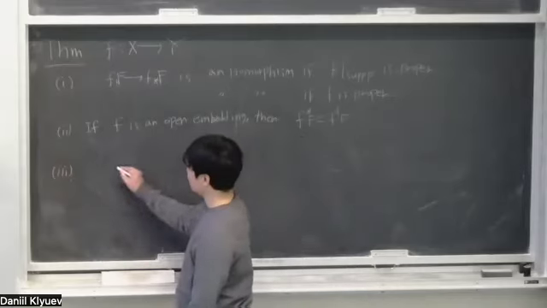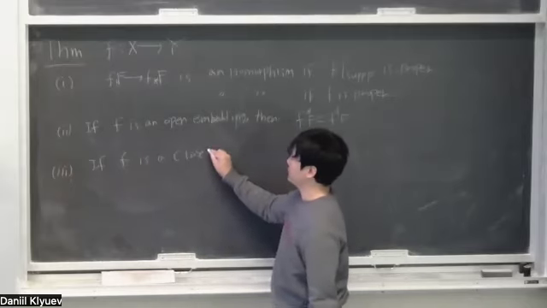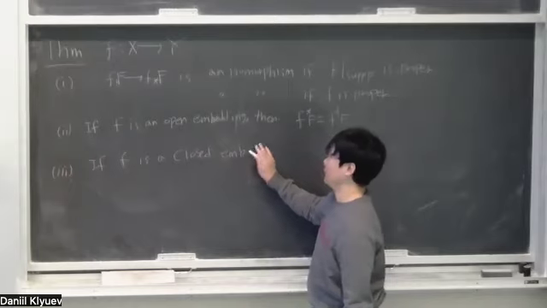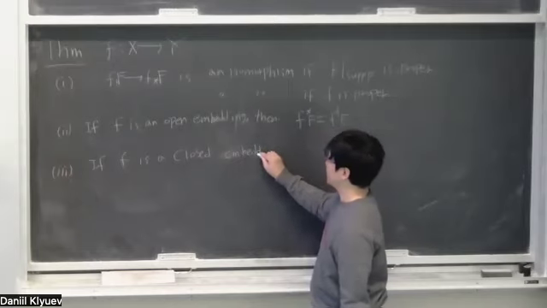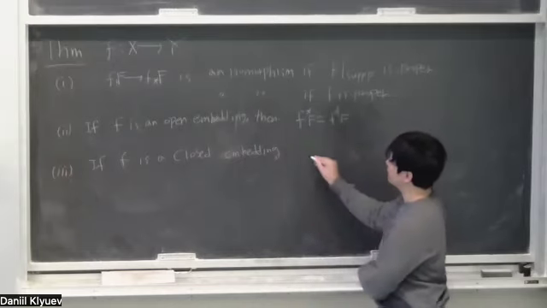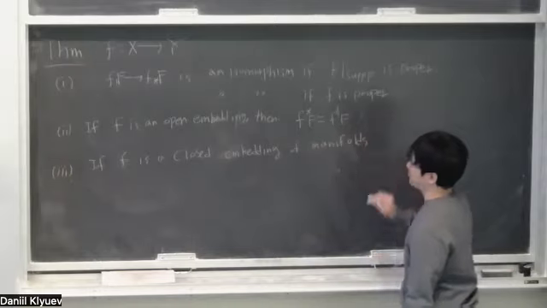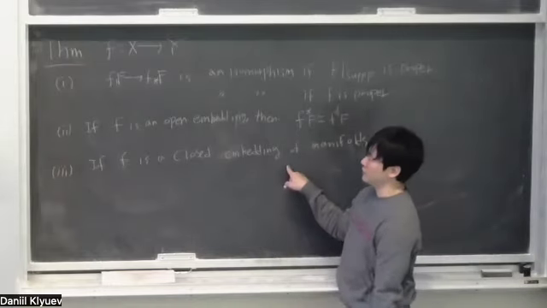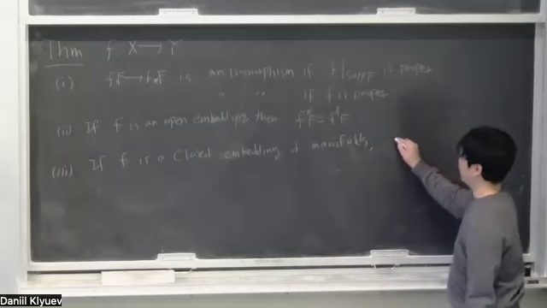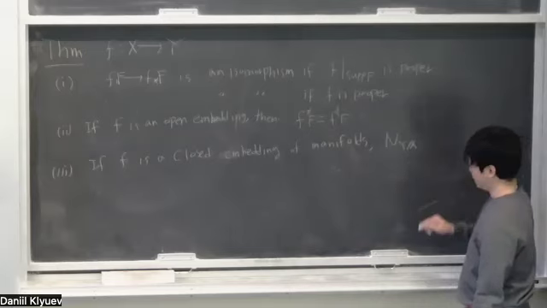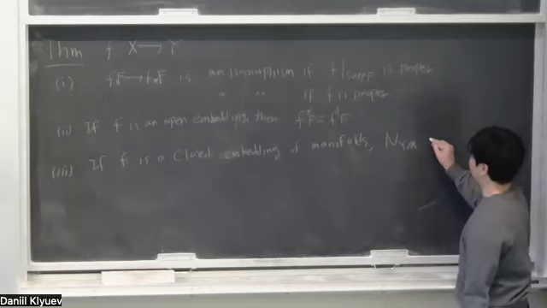Also, if f is a closed embedding of manifolds, here in this case we assume X and Y to be smooth manifolds and the normal bundle is orientable.